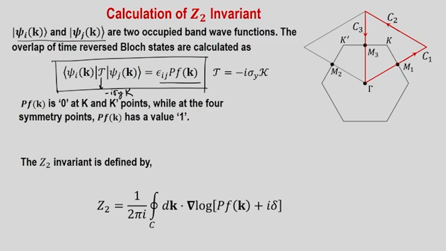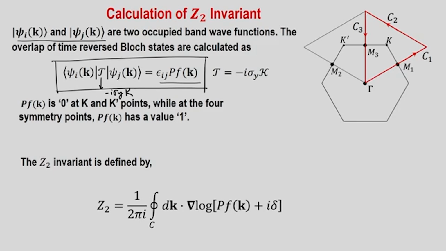Now, I will come in a moment to what a Pfaffian is, but this Pfaffian is 0 at the k and k prime points, at the 4 symmetry points, once one calculates this matrix element. This matrix element will have numbers, and these numbers for a 2 by 2 will give me a Pfaffian there. And so, it's 0 at the k and the k prime points.